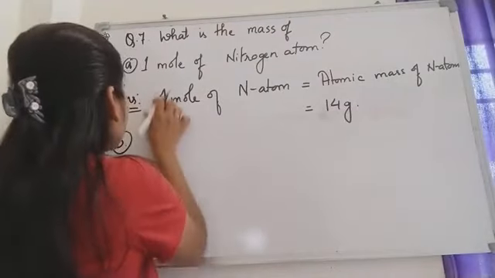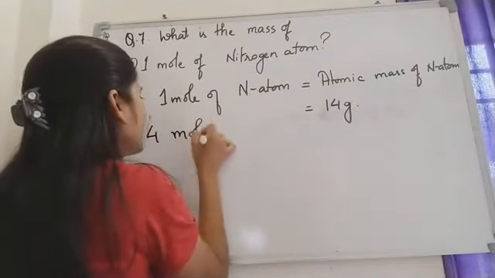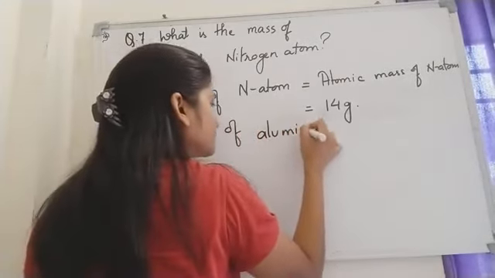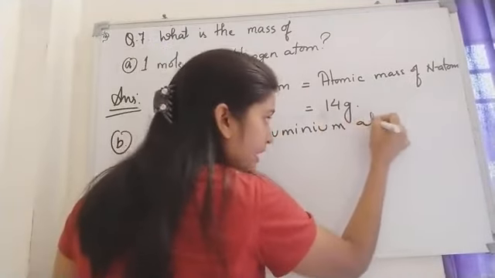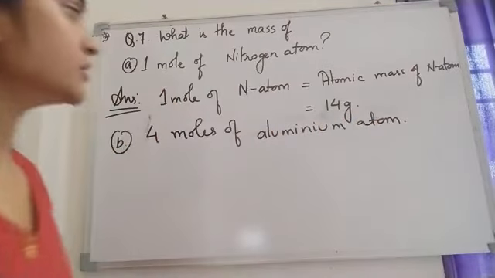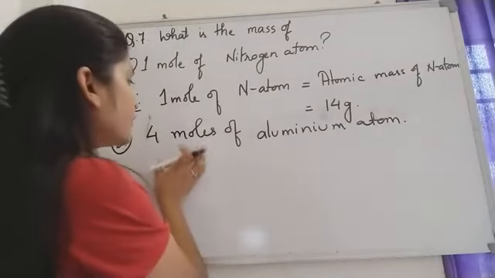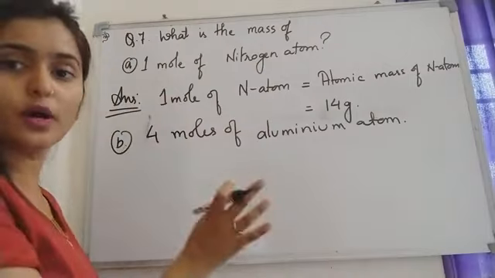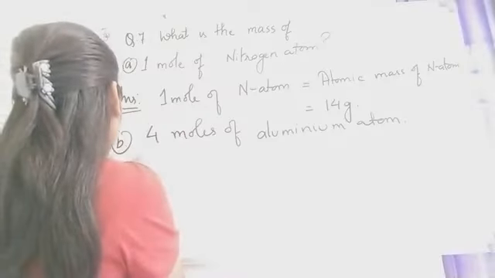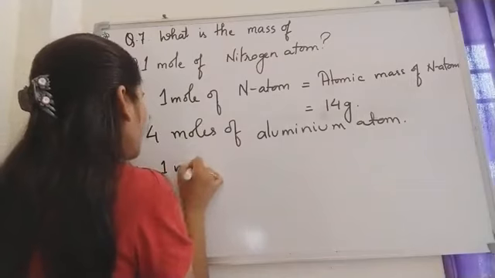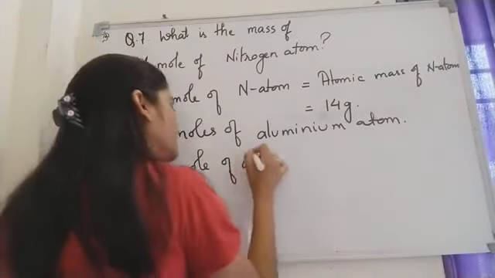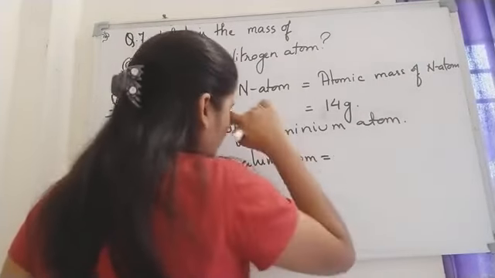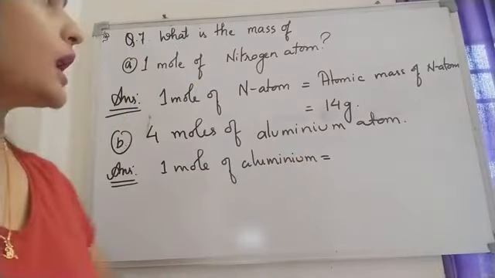And the next one is B, 4 moles of aluminium atom. Over here they are talking about atom. Before knowing the mass for 4 moles, you should know the mass for 1 mole. So while you write your answer, first you will write 1 mole of aluminium is equal to its atomic mass. I won't write atomic mass every time.